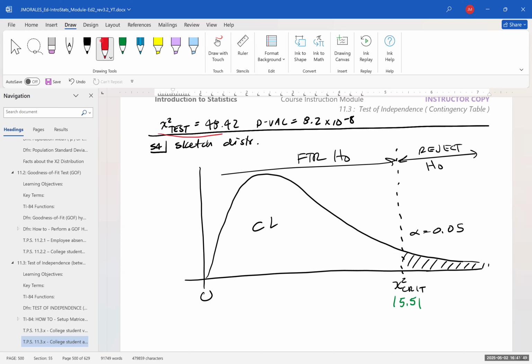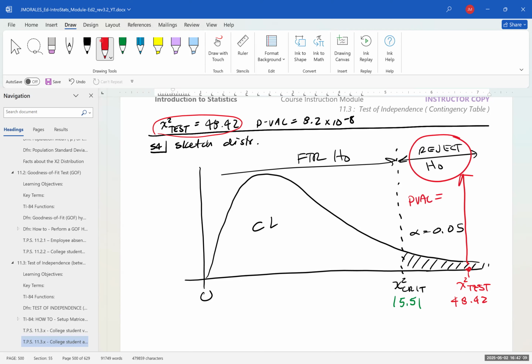Our test statistic is 48.42, which is clear off to the side. When you go straight up, it clearly indicates we're going to reject the null.